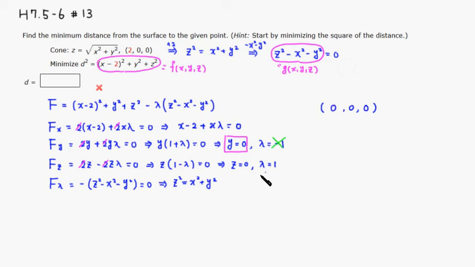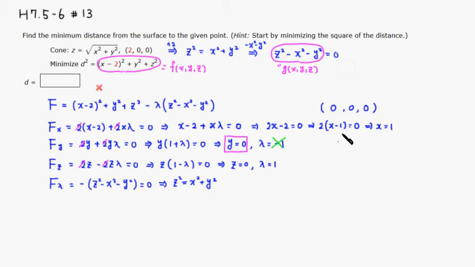What if lambda equals 1? Plugging lambda equals 1 into the first equation, x plus x is 2x, minus 2 equals 0, so x equals 1.